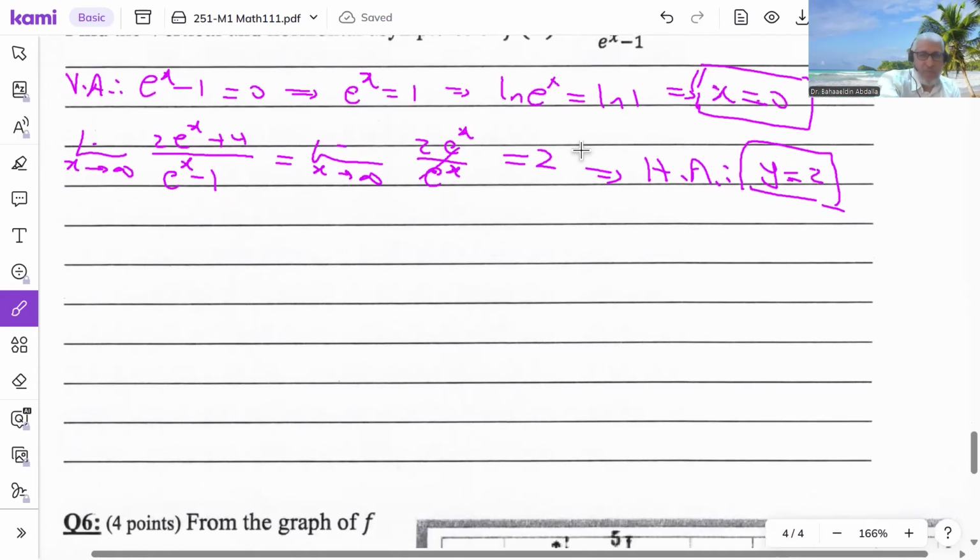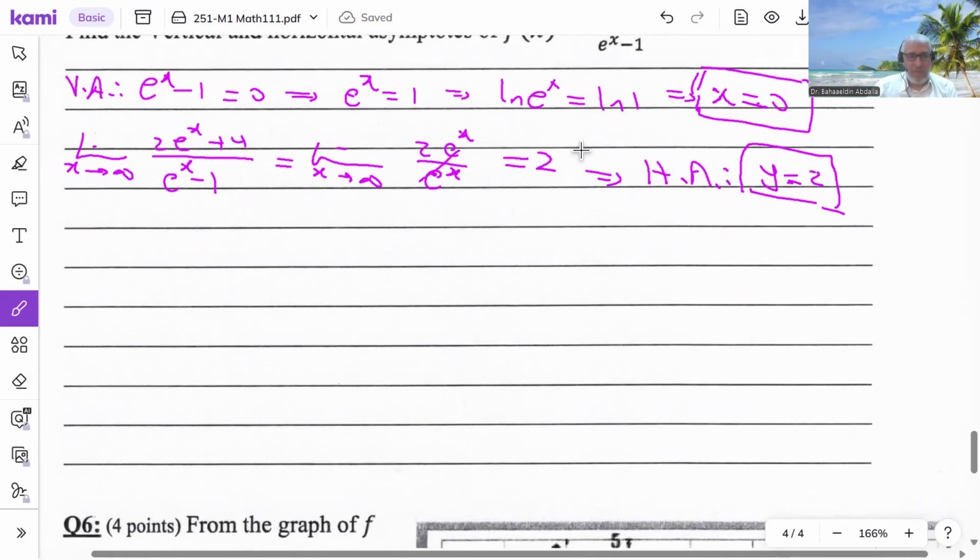To find the second one, I need to find the limit as x approaches negative infinity of this function. As x approaches infinity, if I replace x by infinity, I'll get infinity over infinity. So I needed to take the highest power up and down.